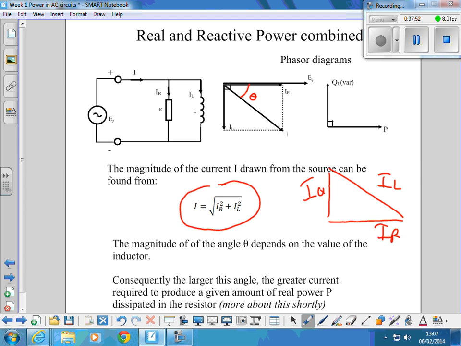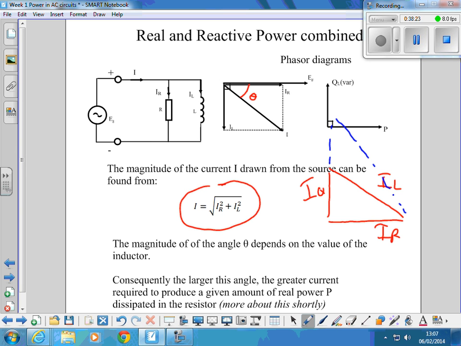If we get a much higher inductance level, a much higher reactive power being drawn from the source, that phase angle is going to be wider, and therefore if we make this phase angle here a wider one, up there somewhere, the length of that IL line becomes longer. It's drawing more current from the source for the same amount of resistive current, and therefore the same amount of power.